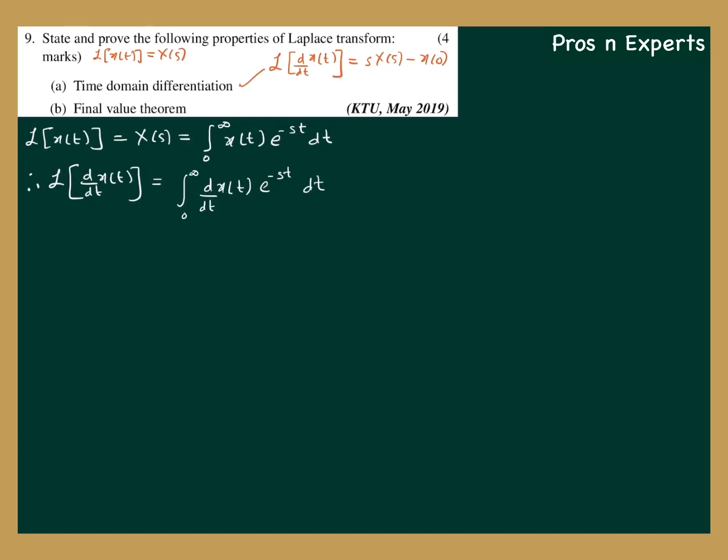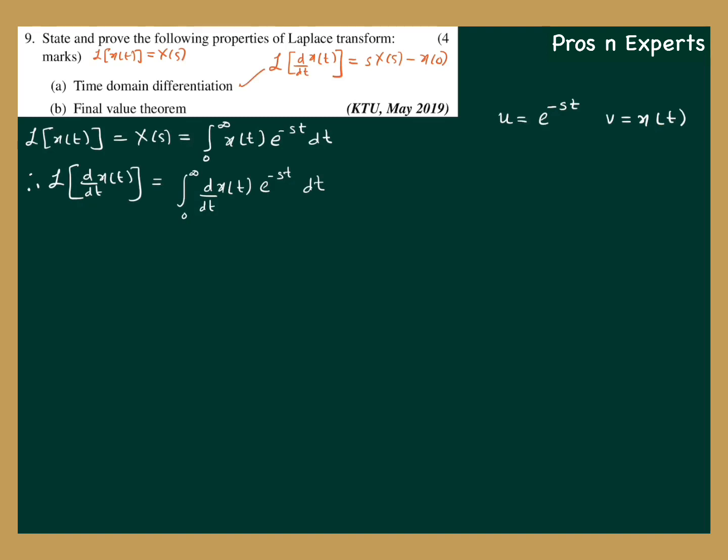Before that, I'm taking u equal to the function e raised to minus st, and v equal to x of t. Okay, I'm taking u as e raised to minus st and v as the signal x of t. Now listen very carefully.